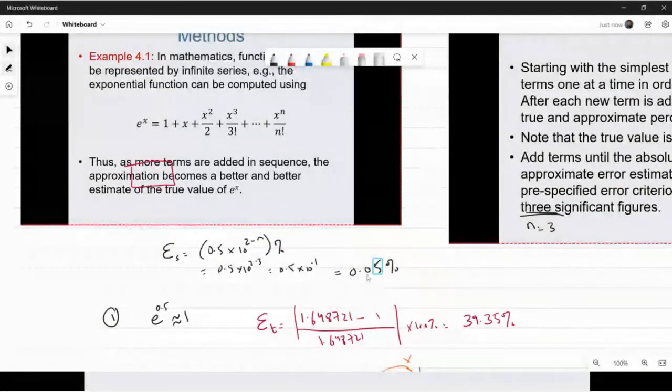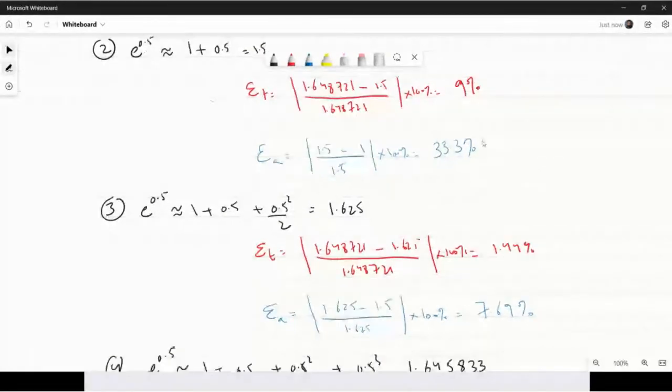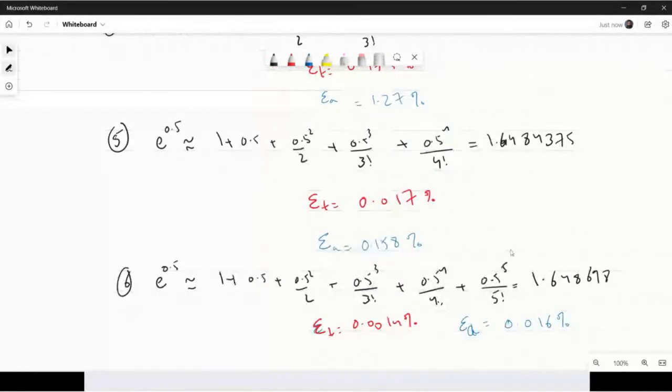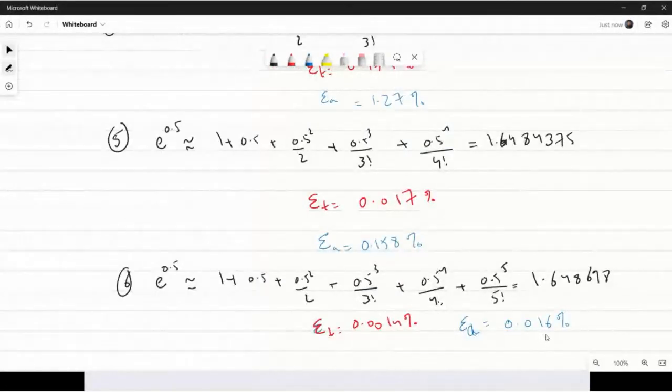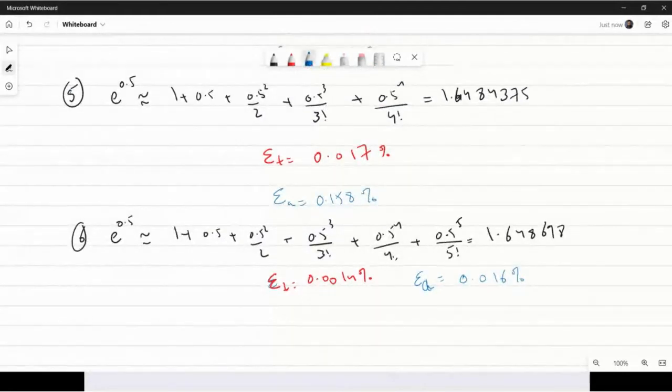So we were supposed to be less than 0.05, and what we have now is 0.016, which is less than 0.05%. So we can stop here.